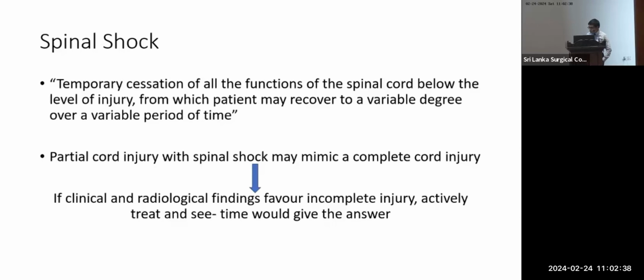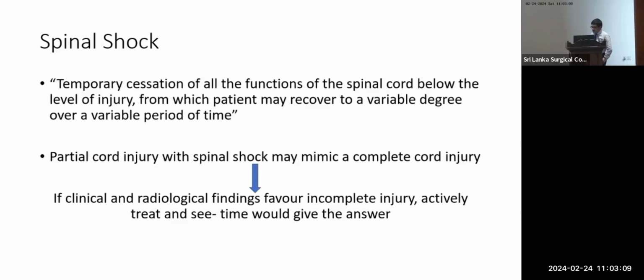Right. However, the cessation of all the functions may make it confusing whether this is a partial cord injury with spinal shock or a complete cord injury. Sometimes in the subacute stage, when you see the patient, it may be very hard to differentiate these two.